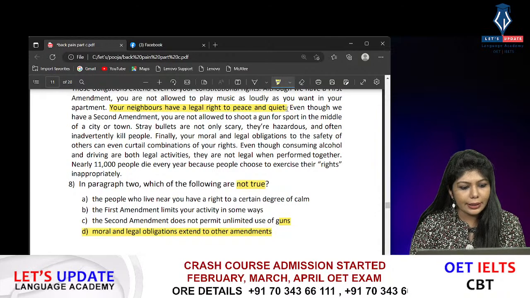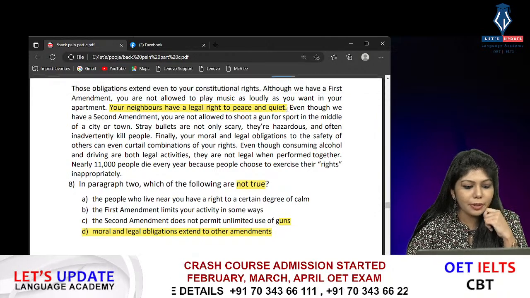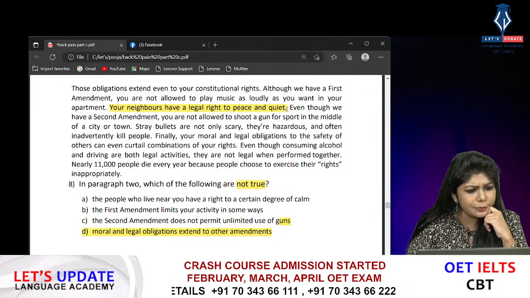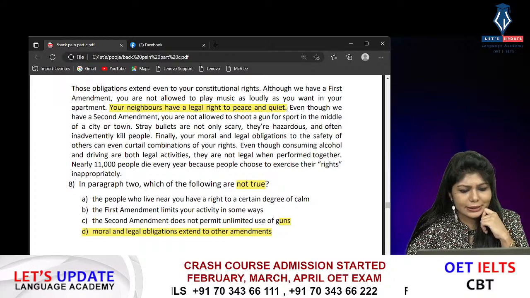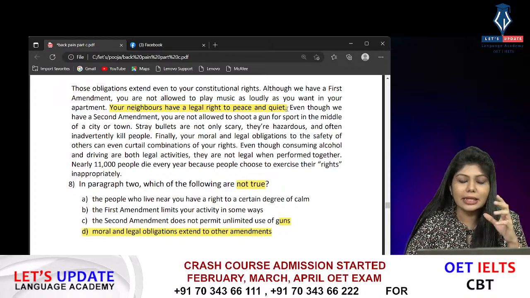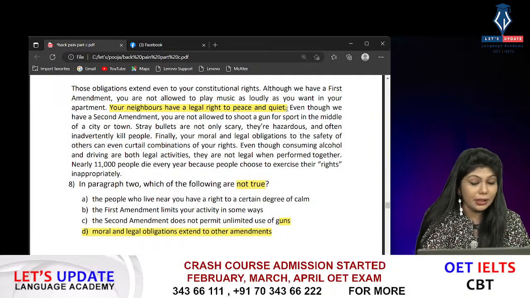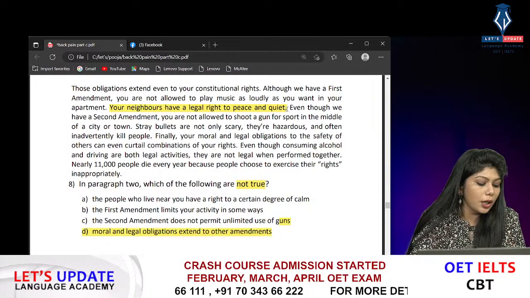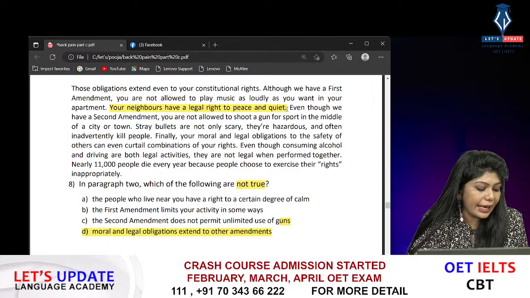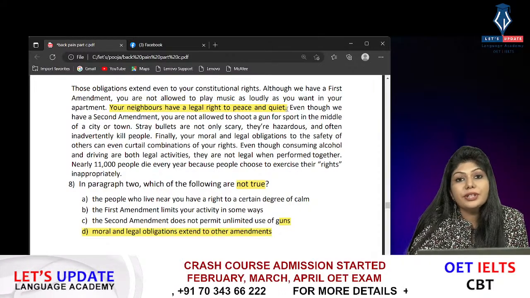Now moving to the second option, the First Amendment limits your activity in some ways. Does it? Yes, because the First Amendment, in the USA, gives you the freedom of speech.